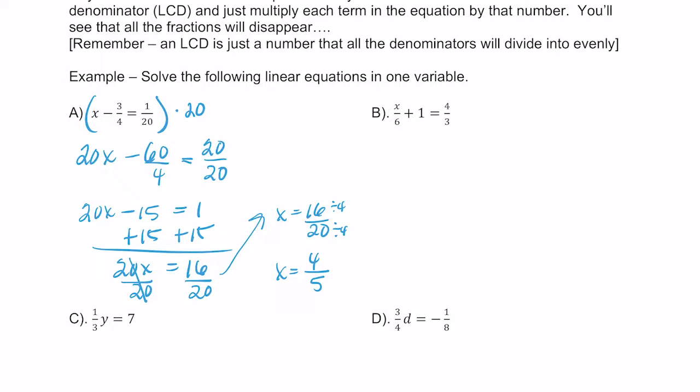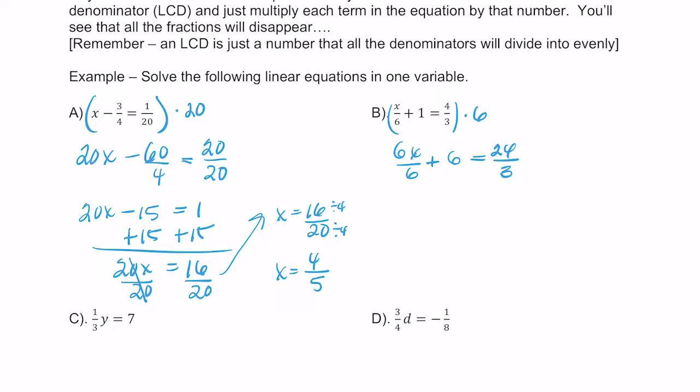In letter B, I'm going to do the same thing, except here my denominators are 6 and 3. So my least common denominator, or LCD, would be 6, because 3 and 6 both go into 6. So I'm going to multiply everything by 6. So I have 6 times x over 6, and then I have 6 times 1, which is 6, and then here I have 6 times 4, which is 24 divided by 3.